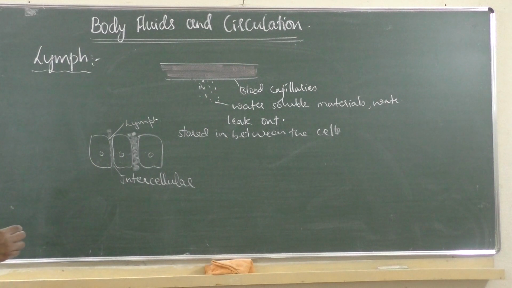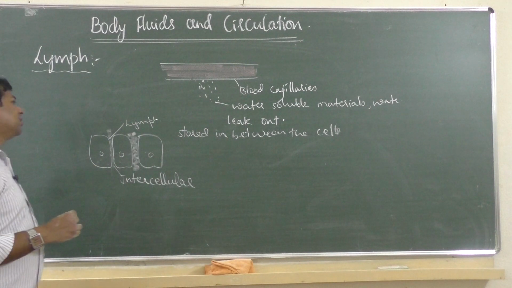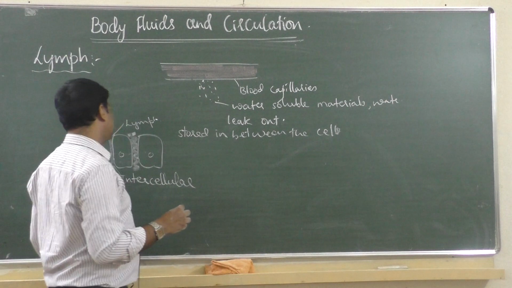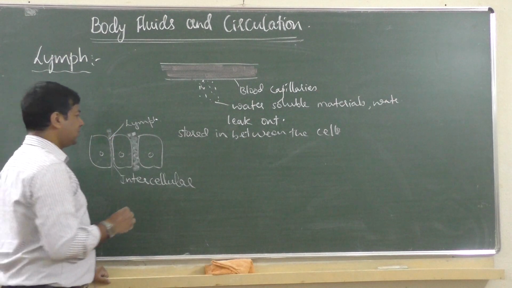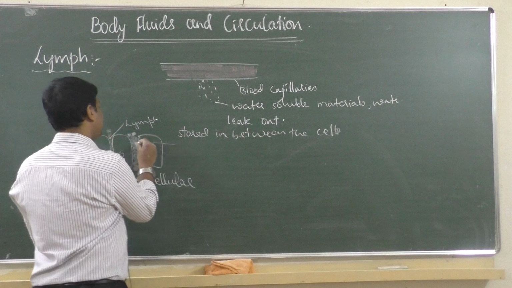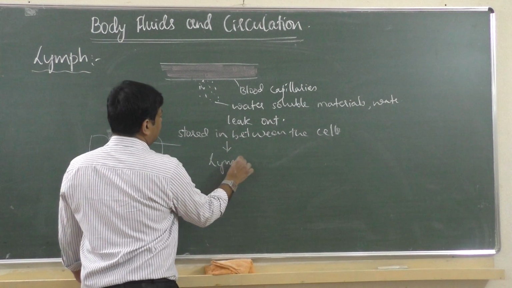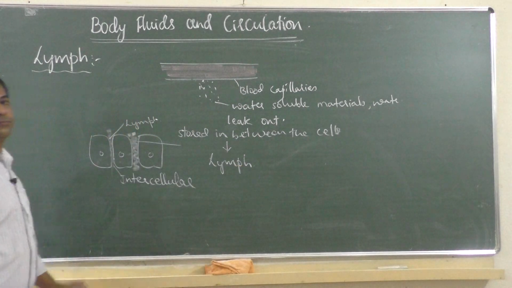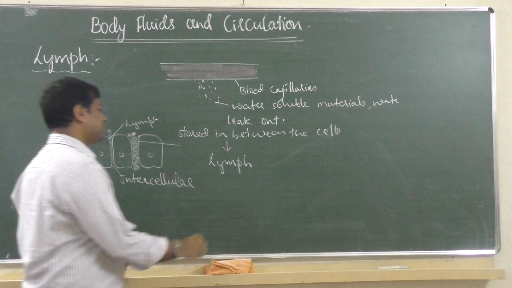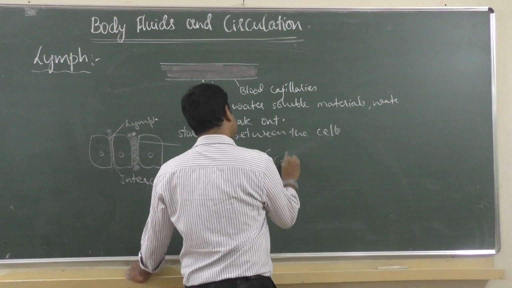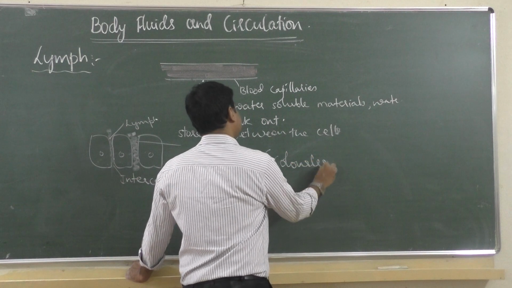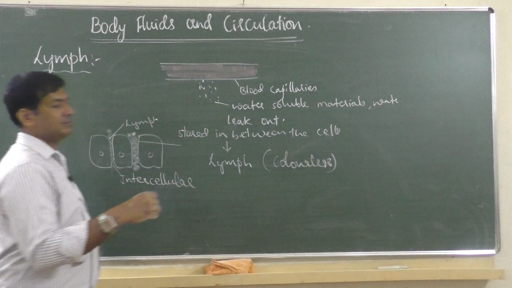These stored water and water-like substances in between the cells, we call lymph. Lymph is colorless. It doesn't have a color.